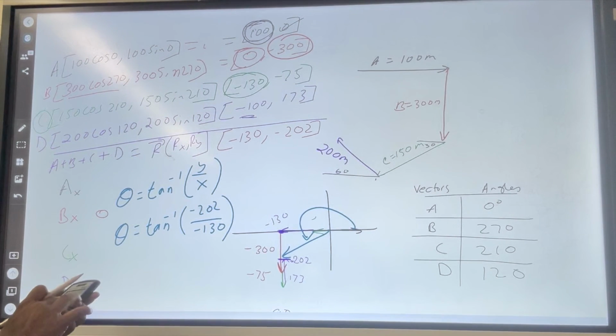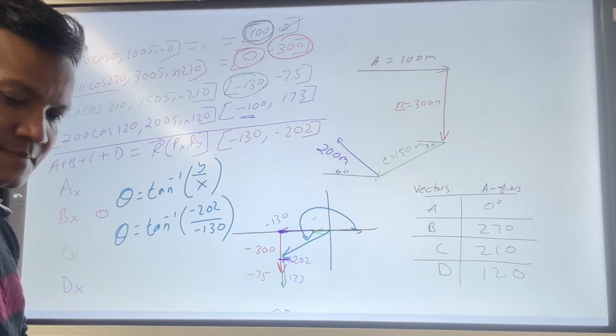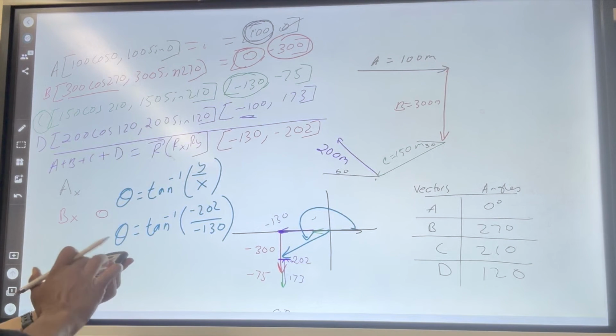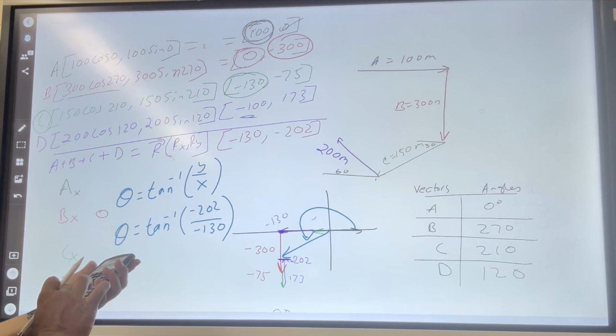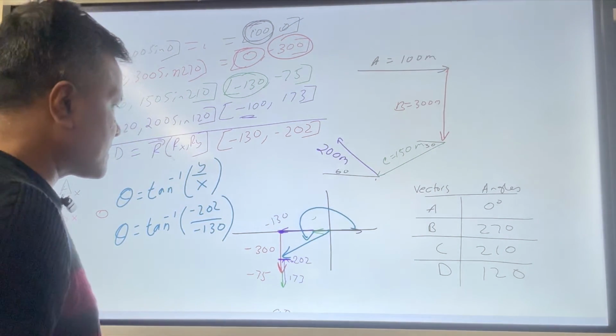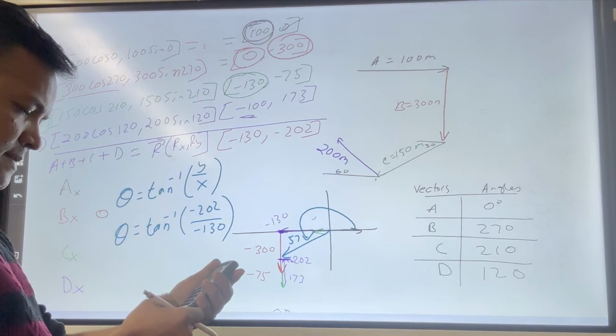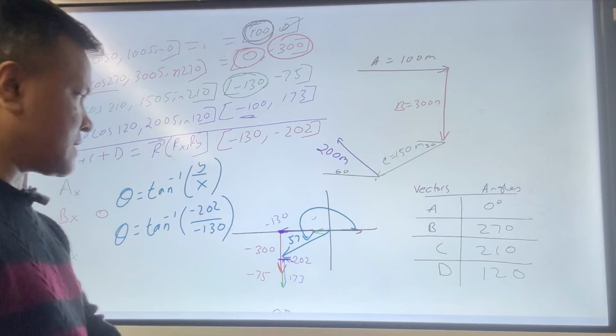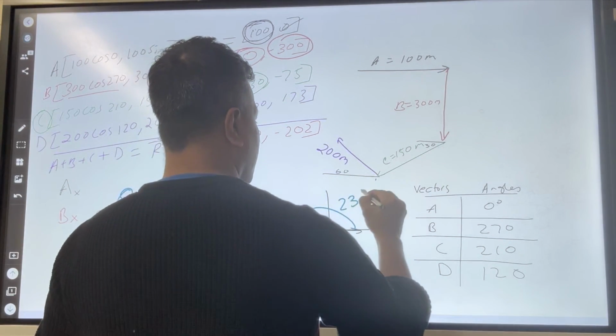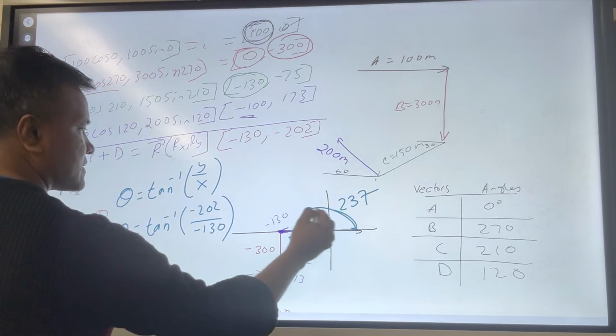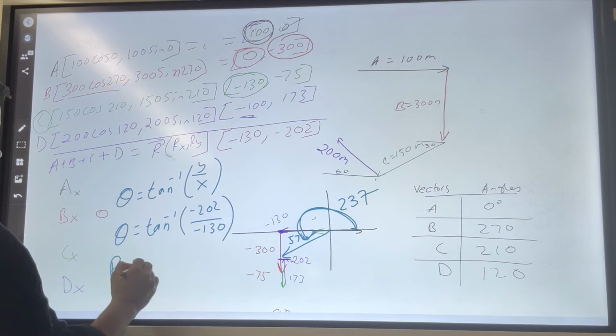That gives 57. So 57 plus 180 is 237. So our resultant angle is 237.